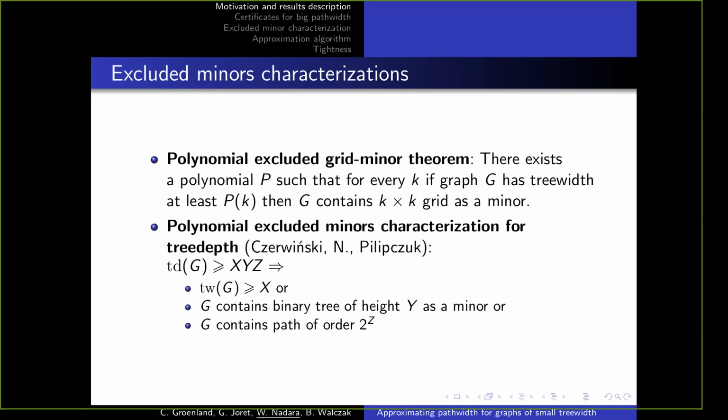So for treewidth, you can think of a grid as a canonical obstacle. And for small tree depth, you can think of three different canonical obstacles: big grids, big binary trees, and big paths.